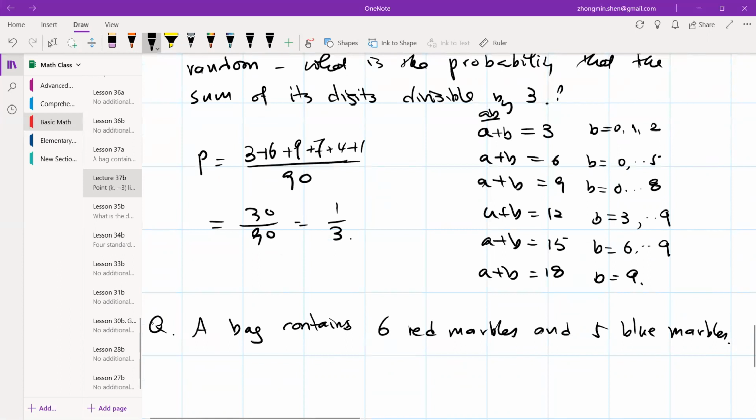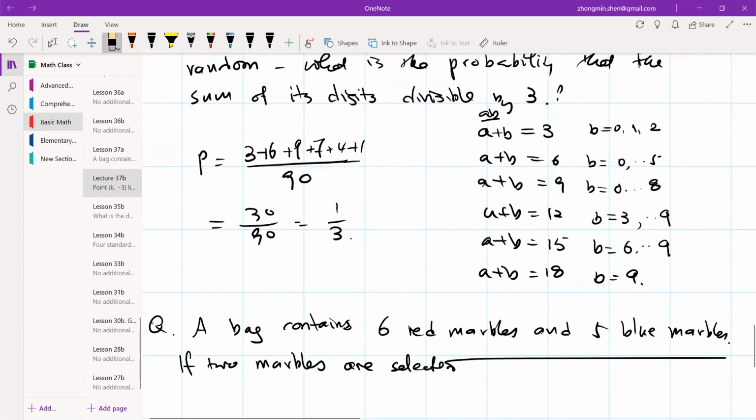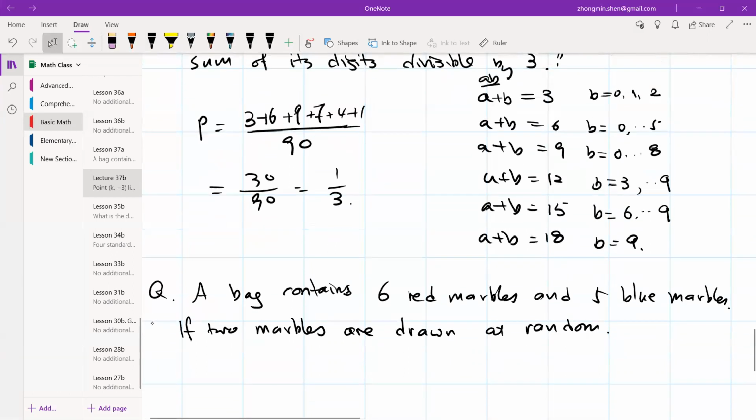Okay, if 2 marbles are selected, oh, I don't want to misuse select. Okay, 2 marbles are drawn at random. Okay, so what, without replacement, okay, I'm going to skip that word. Okay, so what is the probability that 2 marbles have different colors? Okay, I'll let you try this.